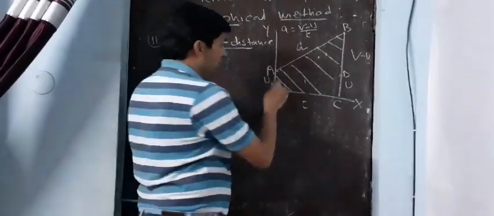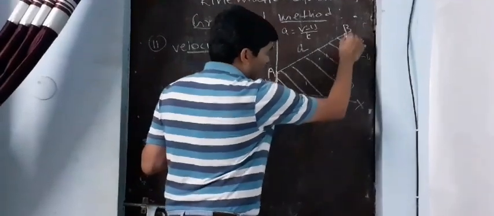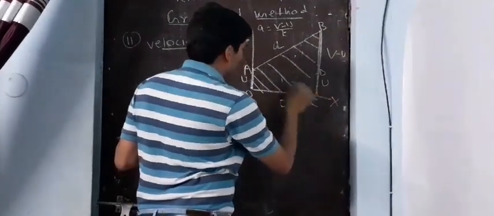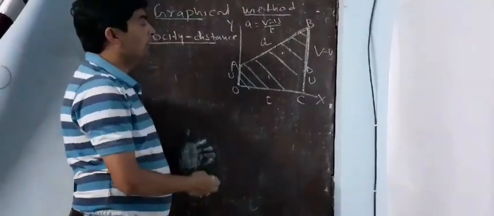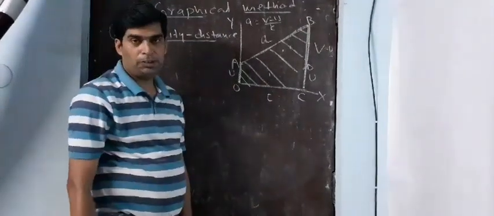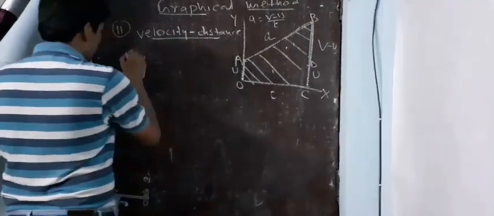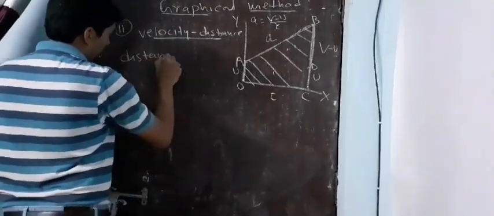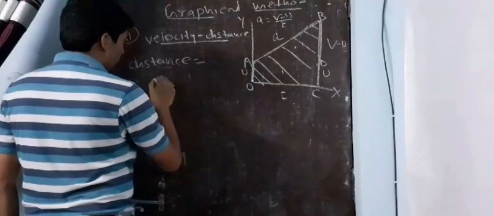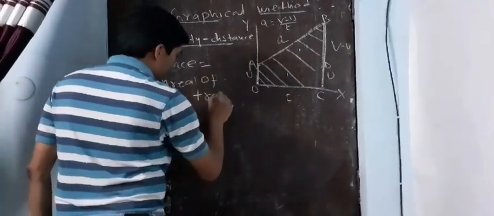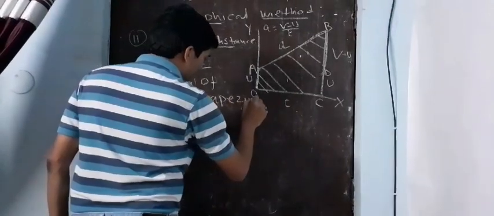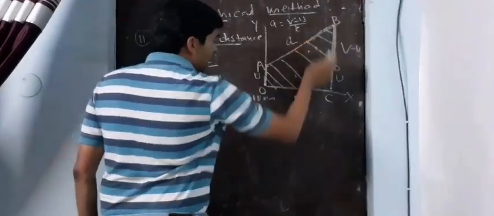Now look at this shape. This shape looks like a trapezium. So in this case, the distance covered will be the area of trapezium. So distance covered equal to area of trapezium OABC.